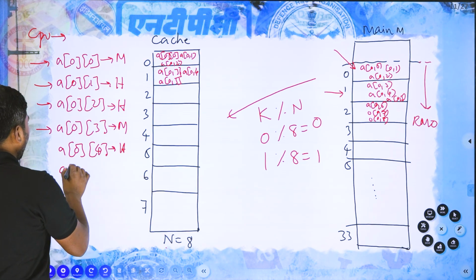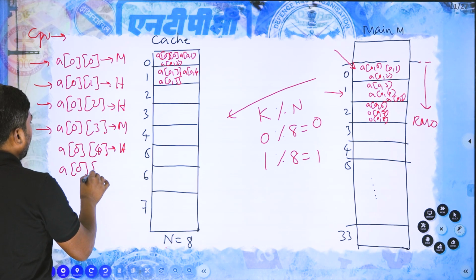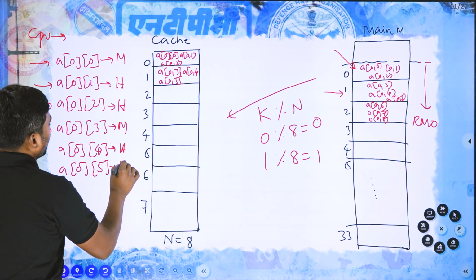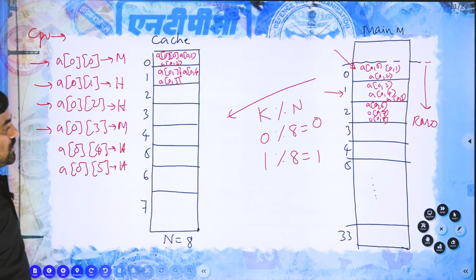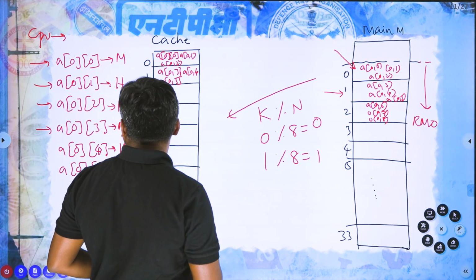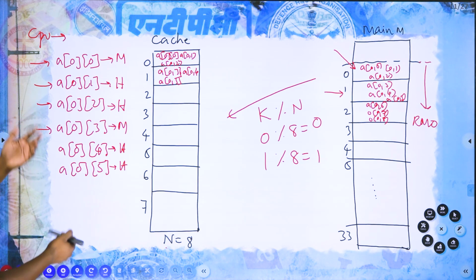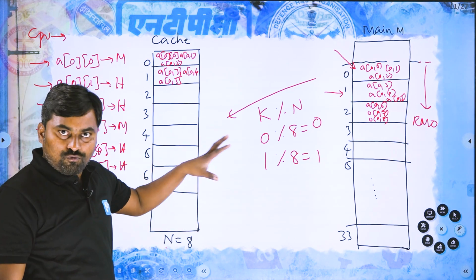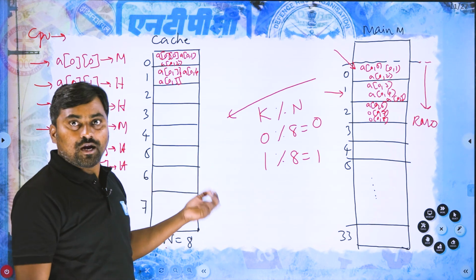So now try to understand the analogy here, then work out how many hits there will be. Total how many references are there by the processor? The number of references depends on the number of words. How many elements are there? 100 elements.